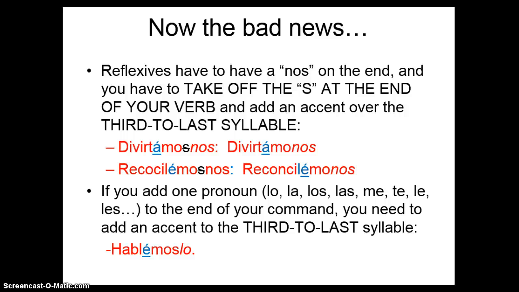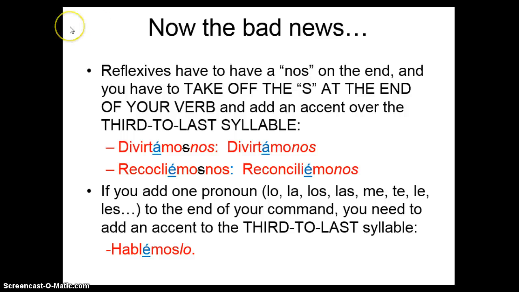Notice that we had to add an accent three syllables back, nos, mos, and then on the a, divirtámonos, and we had to eliminate the s at the end of divirtamos, which would normally be there. Divirtamos, we took out the s and we ended up with divirtámonos.